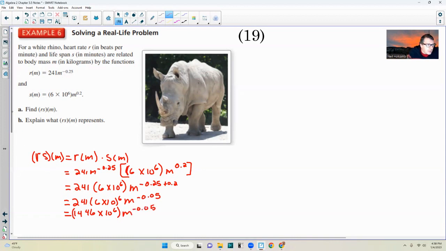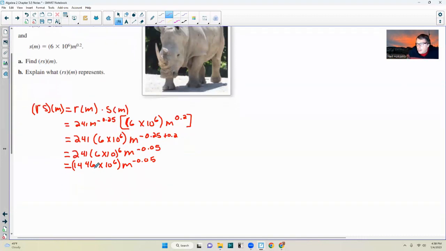Okay, so let me just scroll a little for more room. And then what I'm going to do is use the scientific notation here. Remember, scientific notation is the number in front of the decimal is between 1 and 9. It can't be greater. So if I have a decimal here, obviously 1,446 is greater than 9. If I put the decimal here, 144 is greater than 9.